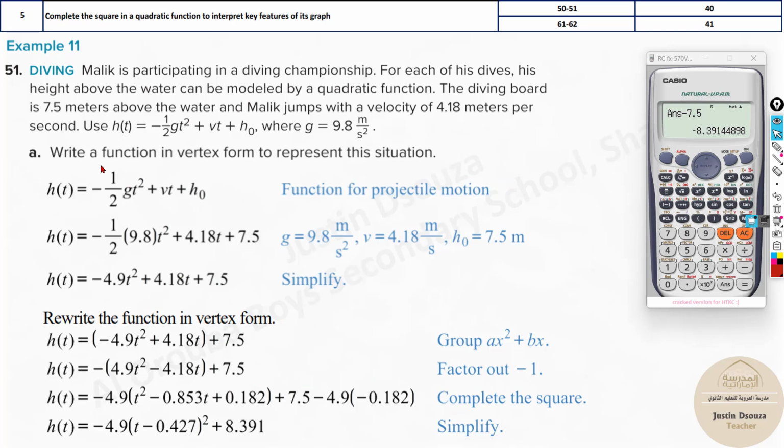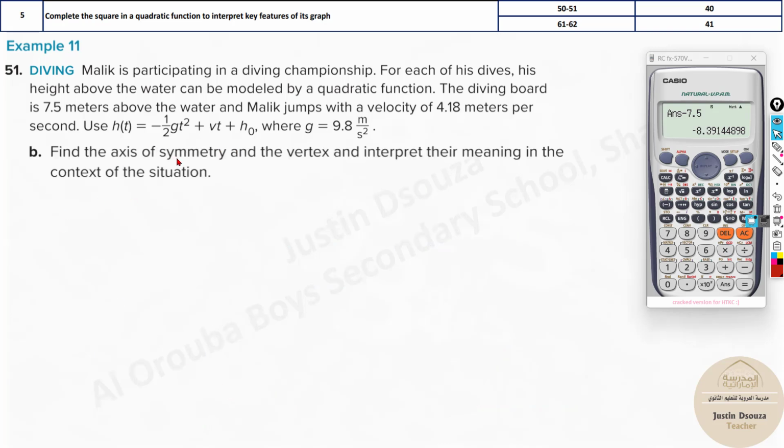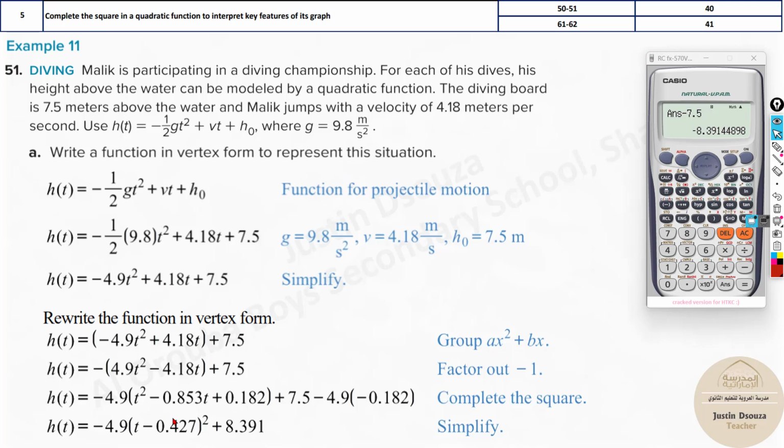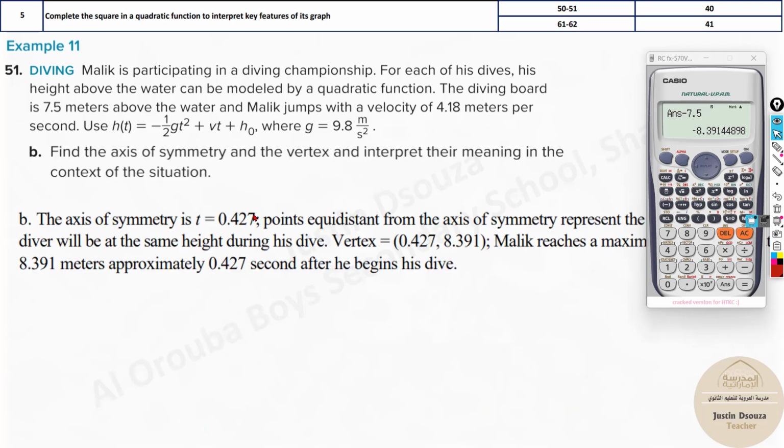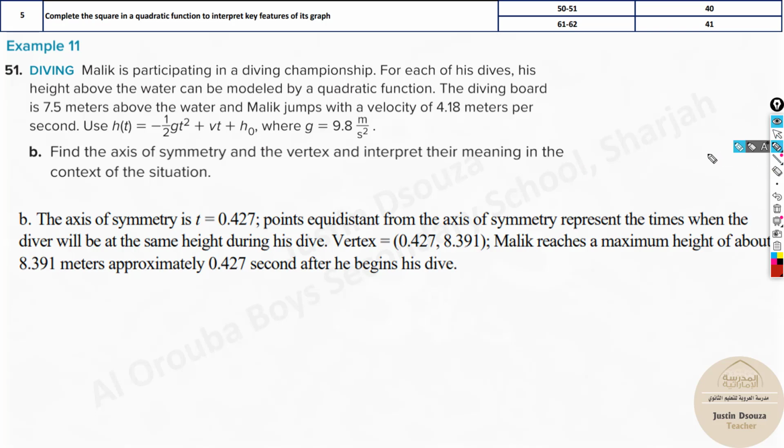Now here they have asked for the vertex form, but this is the first thing you have to do, then the vertex form. And then if they ask you the axis of symmetry, you can easily tell this is the axis of symmetry, 0.427, or use the formula for axis of symmetry, that is given by negative b by 2a. So if you apply this formula in the given equation, you can easily get the axis of symmetry.